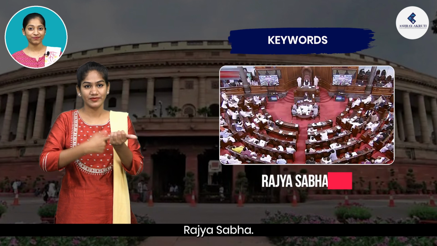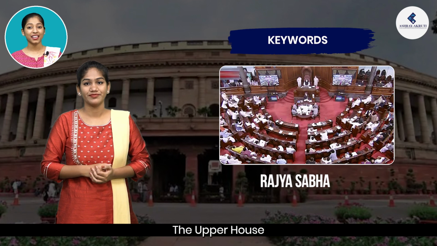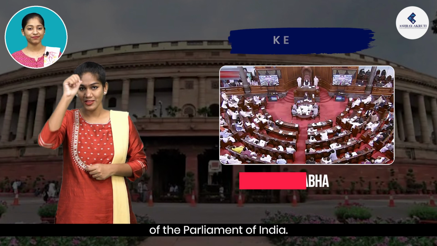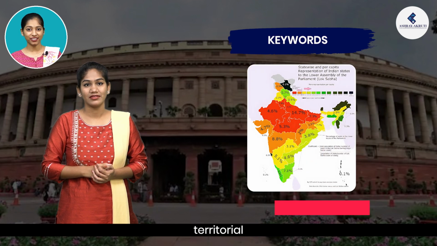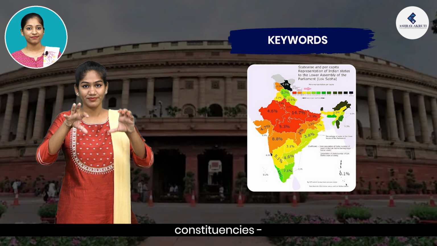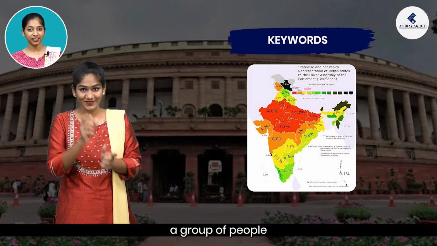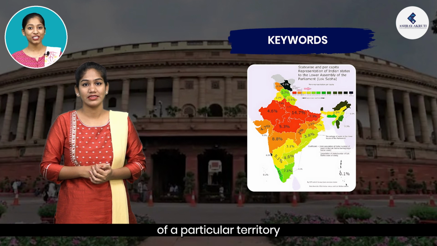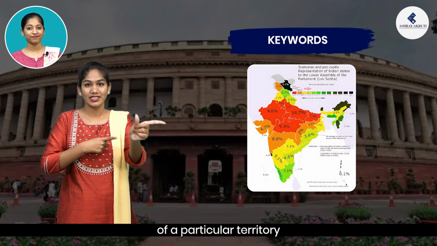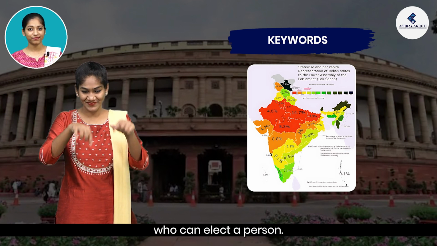Rajya Sabha: the upper house of the Parliament of India. Territorial constituents: a group of people of a particular territory or area who can elect a person.